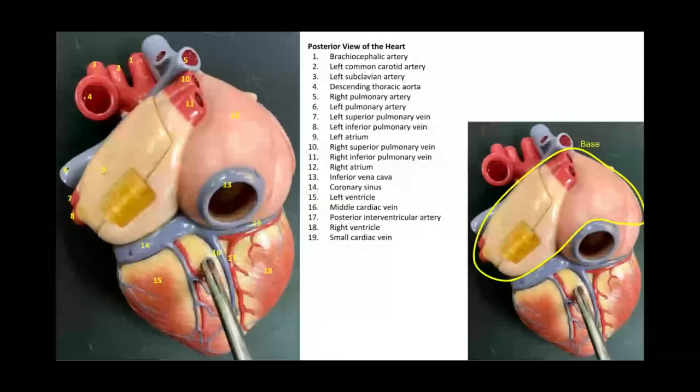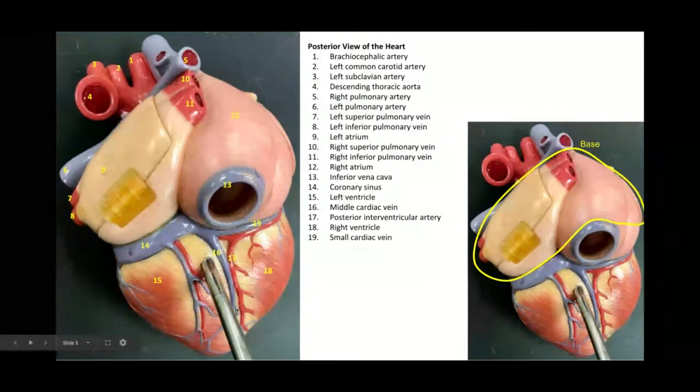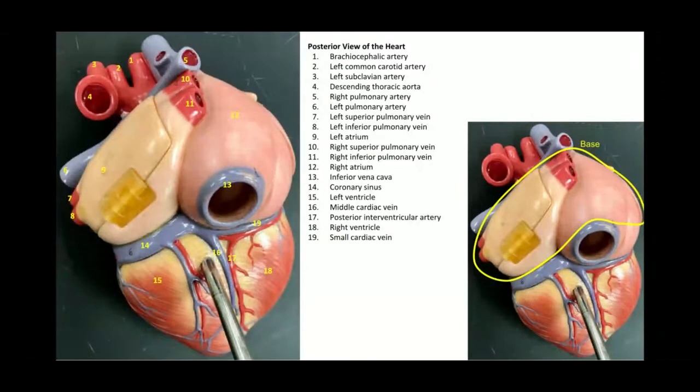In the back of the heart, you can see one other groove here, one other depression. And this depression can hold one artery and one vein. Number 16 is called middle cardiac vein. This is one of the coronary veins which can collect the oxygenated blood of heart wall.